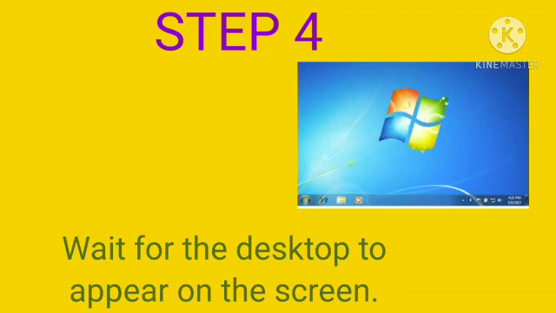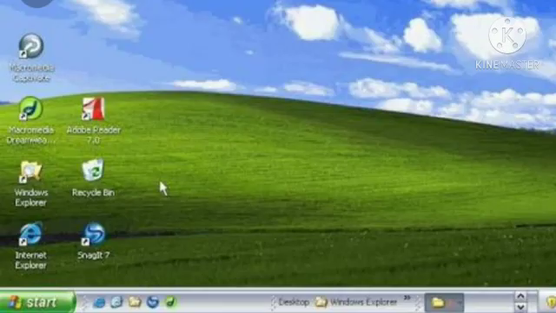Whenever you start a computer, the first screen which we see is known as the desktop, and the small pictures present on the desktop are known as icons. There is also the mouse pointer, and at the bottom of the desktop is the taskbar.